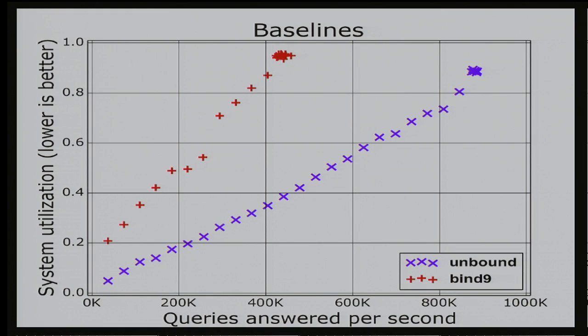Here are our baselines with this system for unbound 1.4.21 and bind 9.9.4. This graph is kind of awkward to explain, since obviously one server appears to be performing about twice as good as the other one.